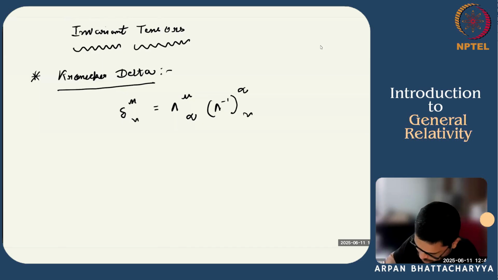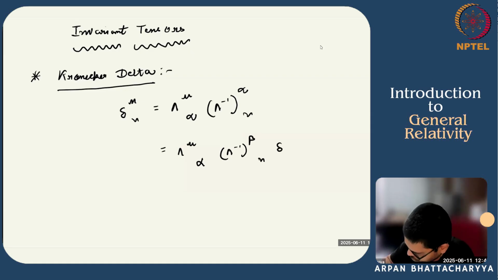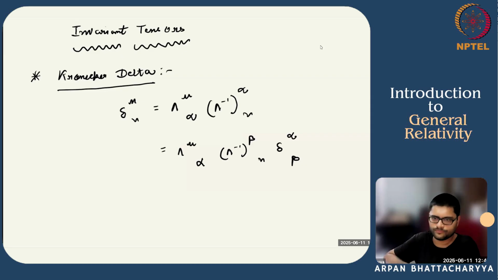This is just coming from the definition of a matrix multiplying with its inverse, and then we can rewrite it, because this is only one when alpha equals beta and zero when alpha is not equal to beta, so you can just rewrite it.